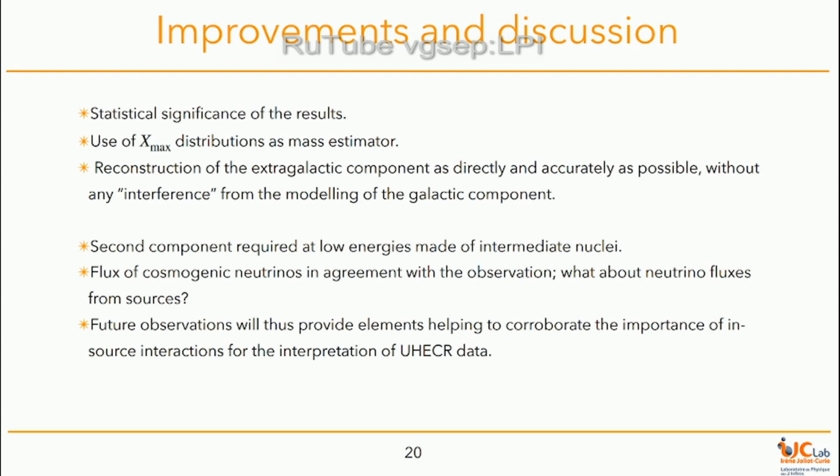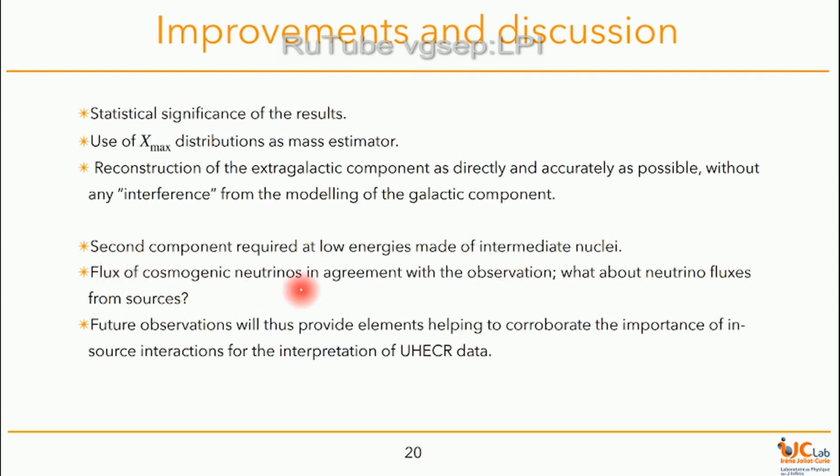But iron in this data is either subdominant or completely absent. Instead, our data requires another contribution of intermediate nuclei, and what this means in terms of astrophysical interpretation is still under discussion.